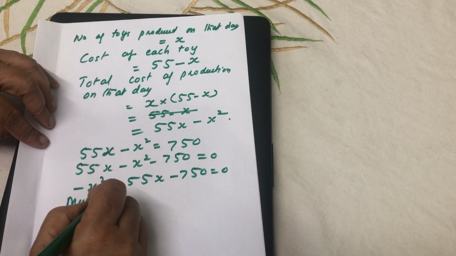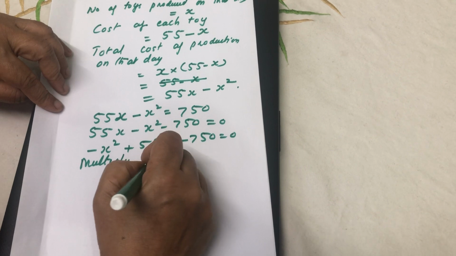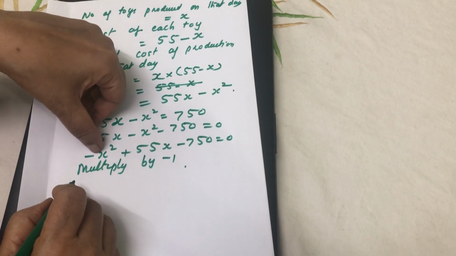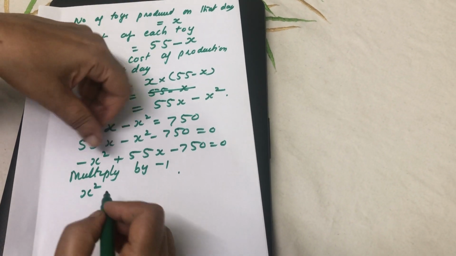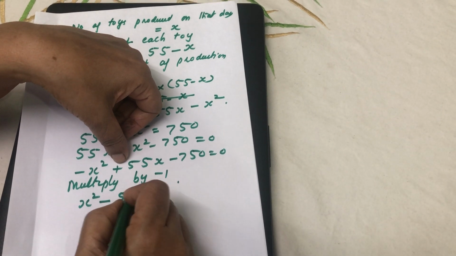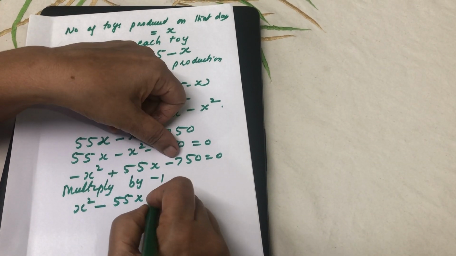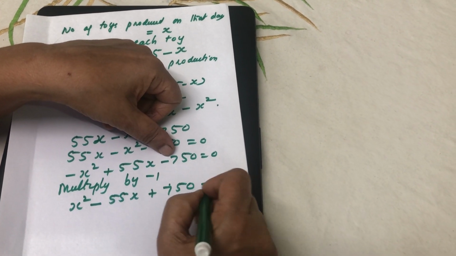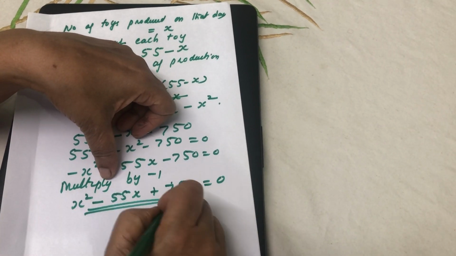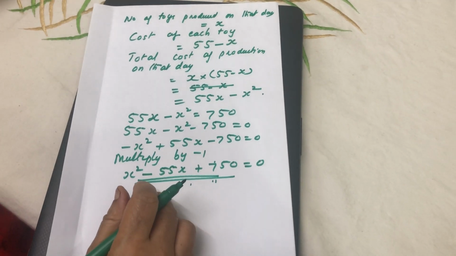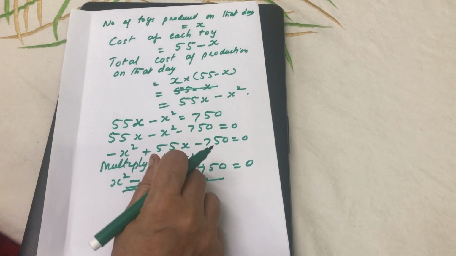Again multiply by minus 1. So this will become plus x squared, this will become minus 55x, this will become plus 750, equal to 0. This is our mathematical representation of this problem.